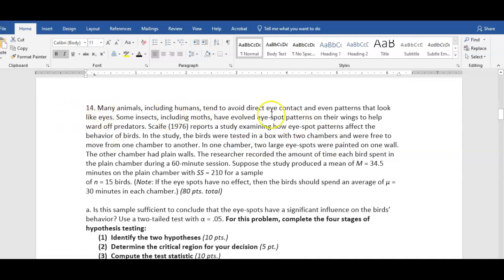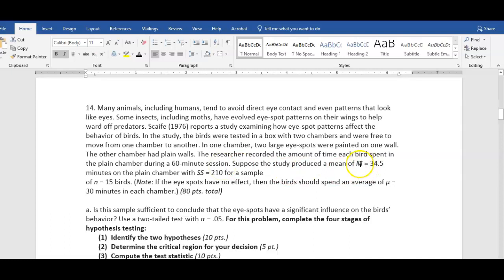We have animals, including humans, who avoid direct eye contact. A researcher was conducting a study to see how eye spot patterns affected the behavior of birds. They recorded the amount of time each bird spent in a plain chamber during a 60-minute session.